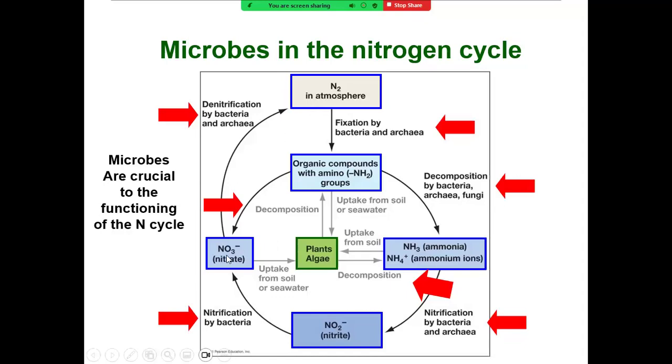The only ones that don't are, like, ammonia being taken up by the plants, or nitrate taken up by the plants, or the plants making organic compounds, which, oh, I went this way. I should have gone that way. Sorry. So the plants take up the nitrate, it goes that way and then that way.